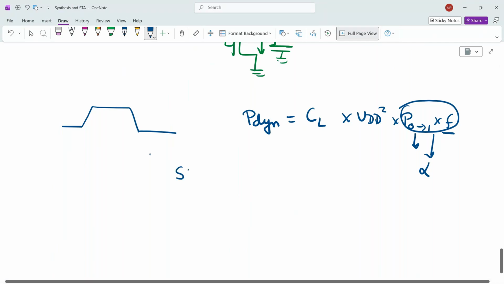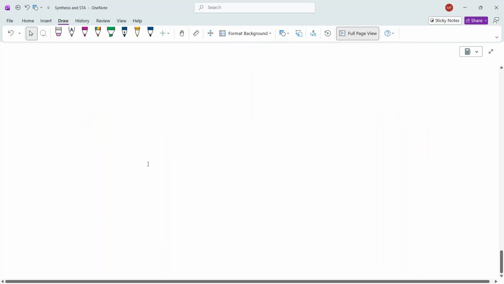That is why a SAIF file is needed. Whenever you are doing power calculations, we require a SAIF file also. So in short, we should know where the power goes in CMOS. In layman's language, where does the power go in CMOS?